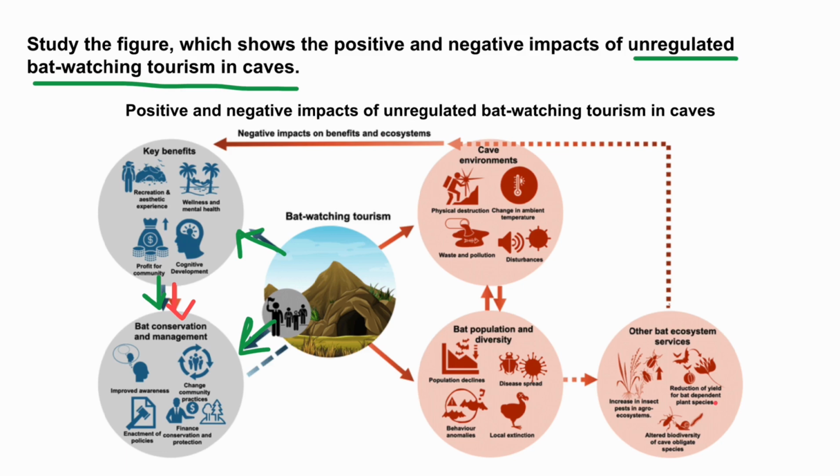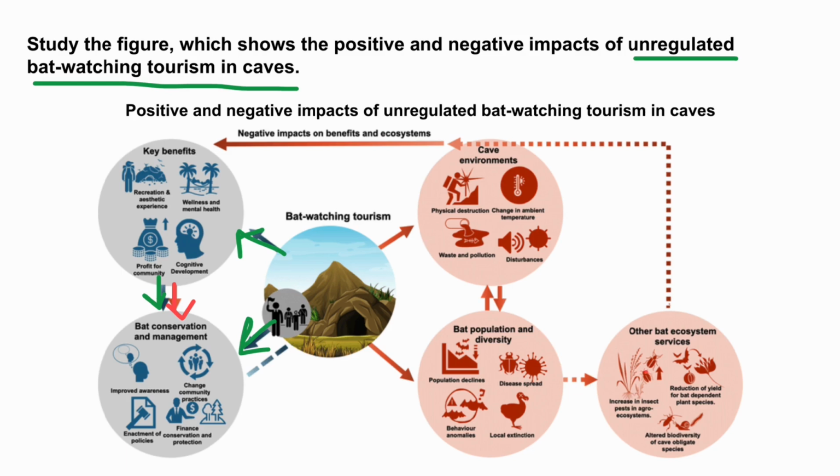So if plant species actually depend on the bats, then you might see that if the bat population declines, the plant population will also decline. The other one is this, increase in insect pests in agro-ecosystems. So if bats are around to control the pests, if their population declines, the pest population will grow. And all in all, that will lead to altered biodiversity of cave species.